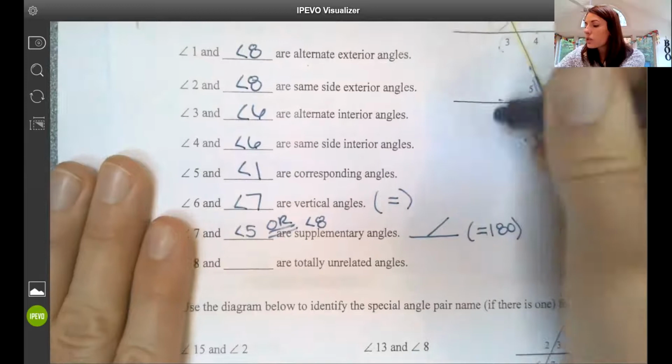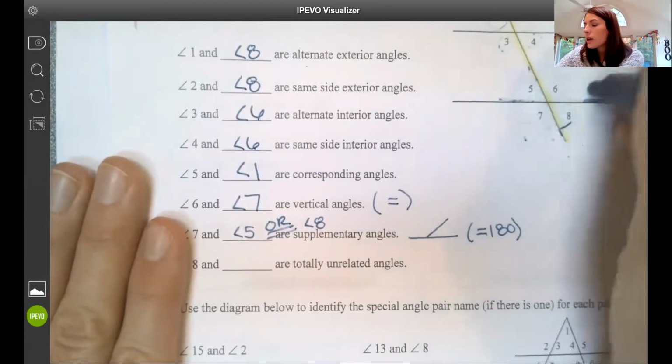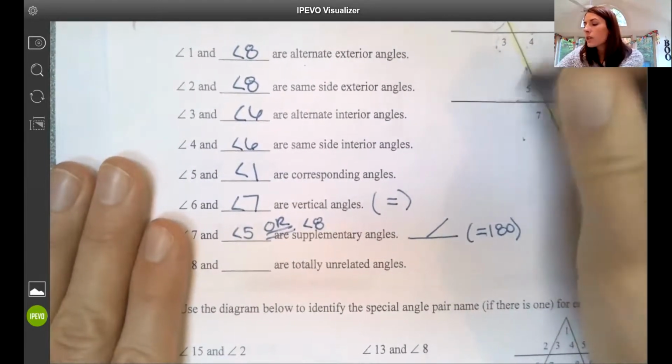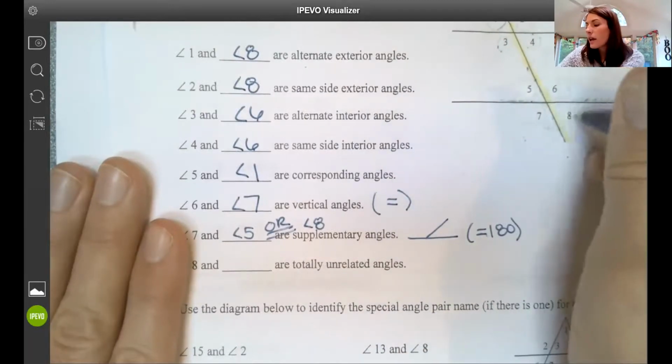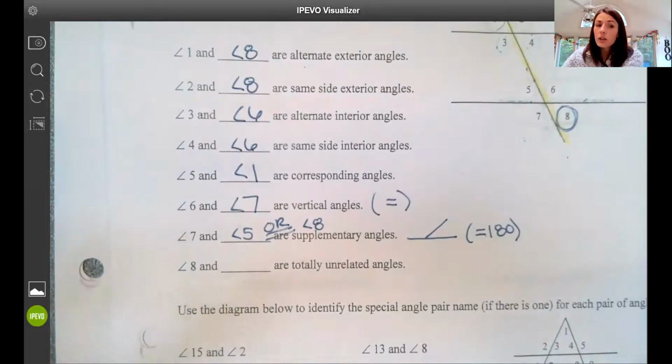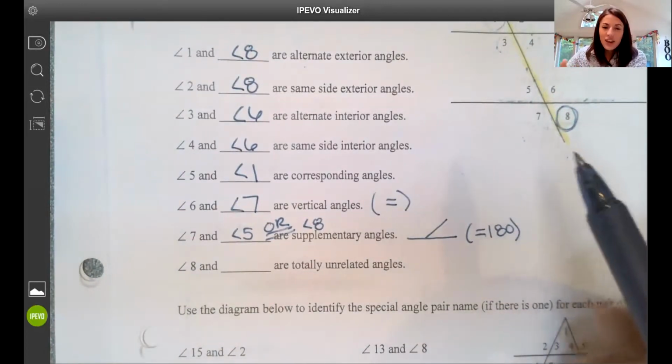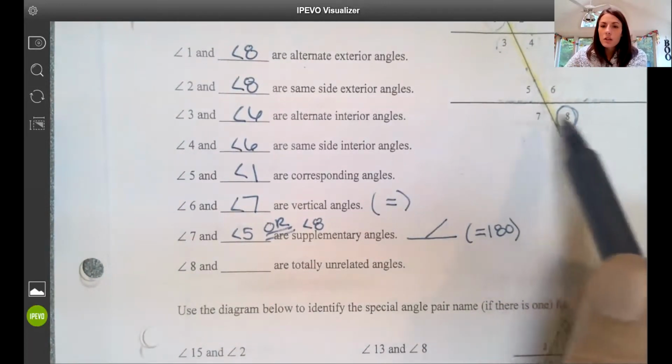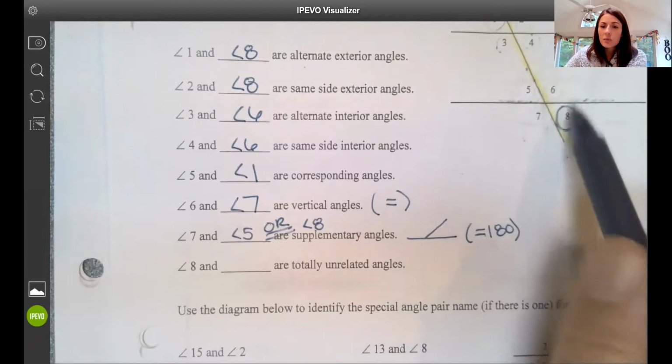Now the last one's a little bit tricky. It says 8 and what angle are totally unrelated. So we just said that in our little cluster on each side, they're related, right? So yeah, Trinity, you're right. So 8 and 7 are supplementary. 8 and 6 are supplementary, right?